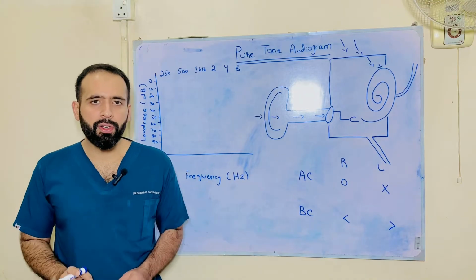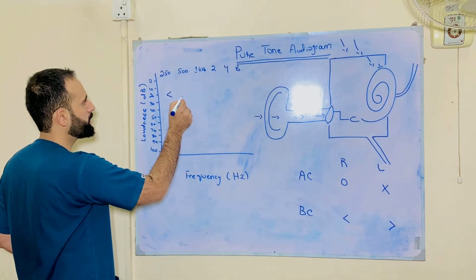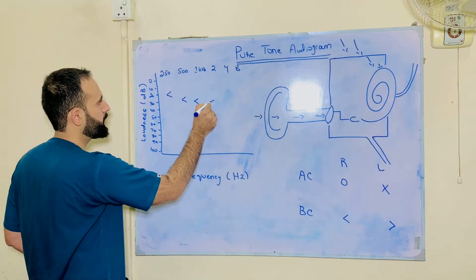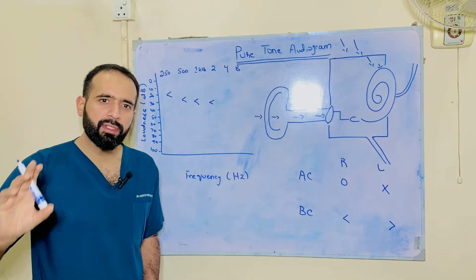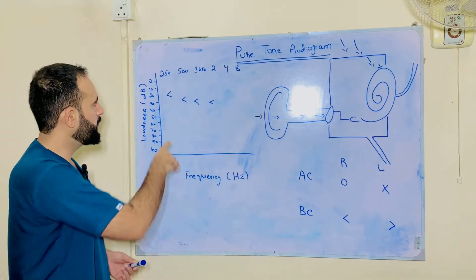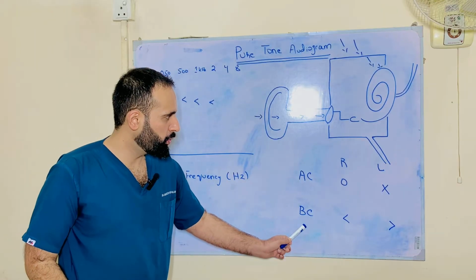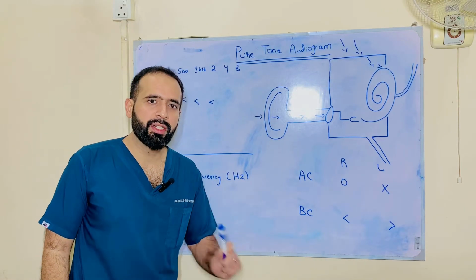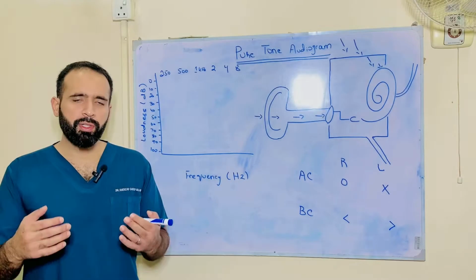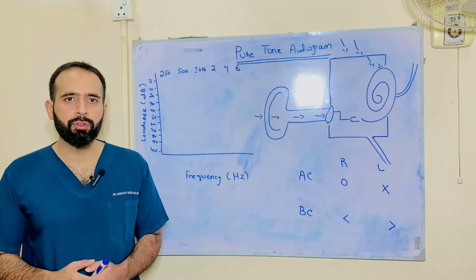So this is how an audiogram looks. You are always going to see symbols. You are not going to see any words or any sentences written on an audiogram. And if you see a symbol like this, it means that this audiogram is showing you the bone conduction in the right ear. So now let us discuss the different patterns of audiogram that you may encounter.